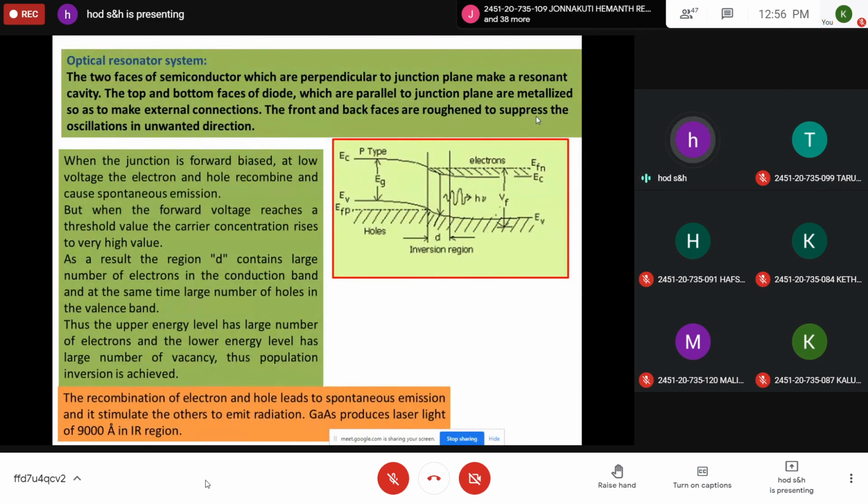Electrons drastically recombine with the holes by emitting radiation. Photons are released, and these photons interact with the electrons in the conduction band. A few more photons which are coherent can be released. In this way, a laser beam is produced in the active region because of the recombination, and it produces a laser light of 9000 angstroms in the IR region. So this is the construction and working of the semiconducting laser.